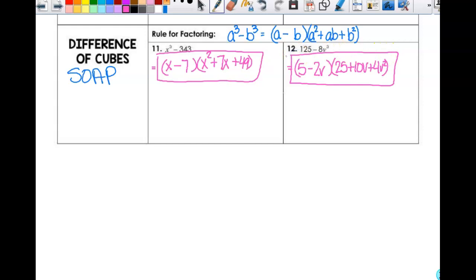When you're done, you could check yourself with me and then move on to the next section. Okay, I'm going to go ahead and move on.